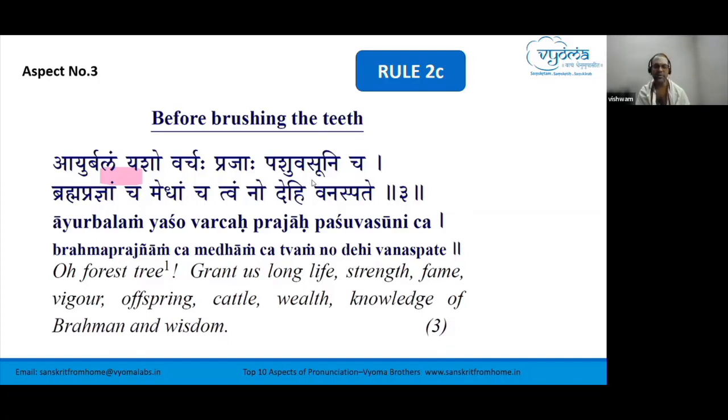Now, sometimes we have heard people chanting it as Ayurbalam yasho varchaha. For example, in the Vishnu Sahasranamam, when you listen to the initial shlokas, there is a shloka called Paramam yo mahattejaha, Paramam yo mahattapaha.